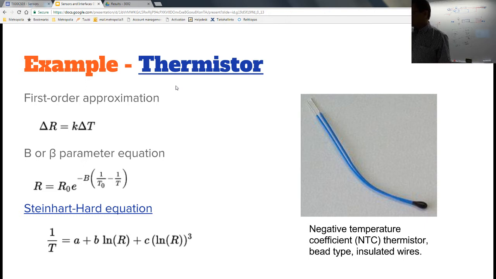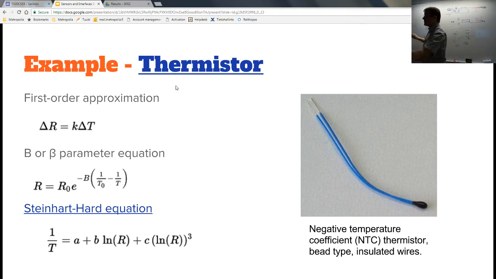So it follows an exponential curve in quite a wide range. So let's see. Does it go like that? No, it goes like that. Okay, so exponential with the negative b.